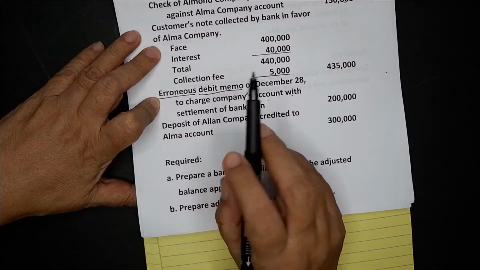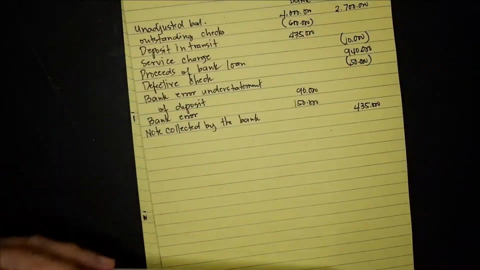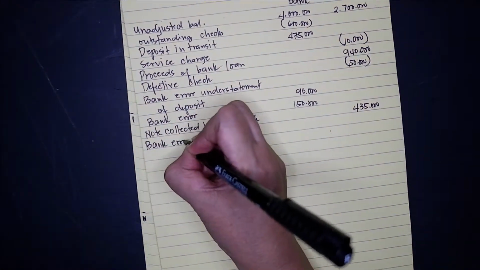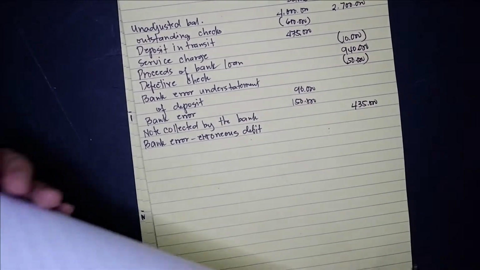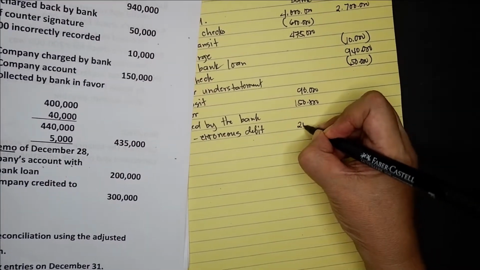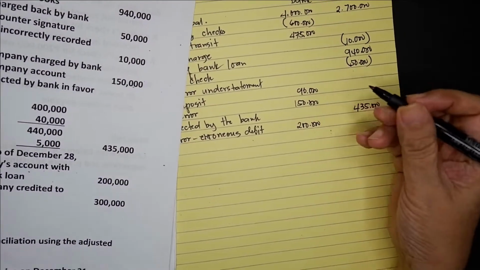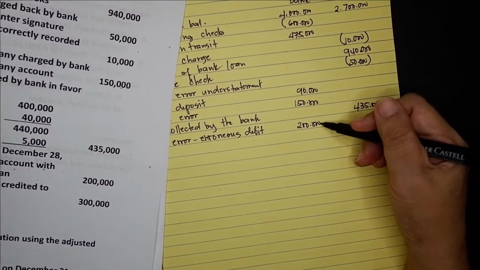Erroneous deduction, so that is bank error. How much is that? 200,000. So they erroneously deducted, so we have to add back, plus.